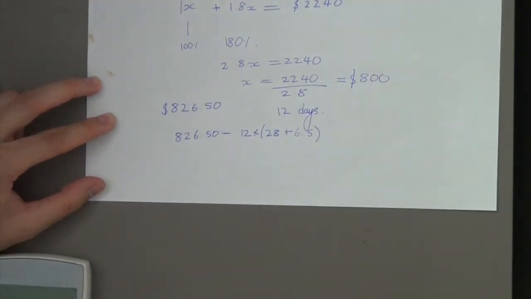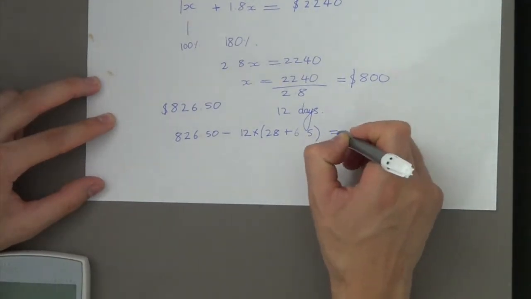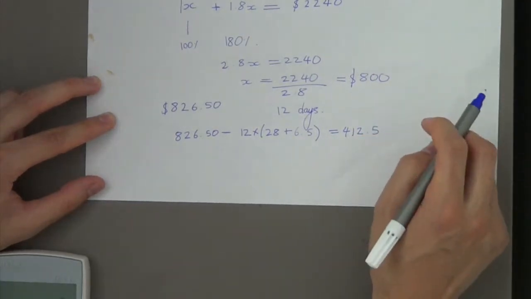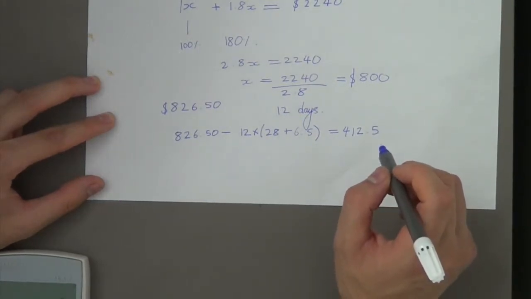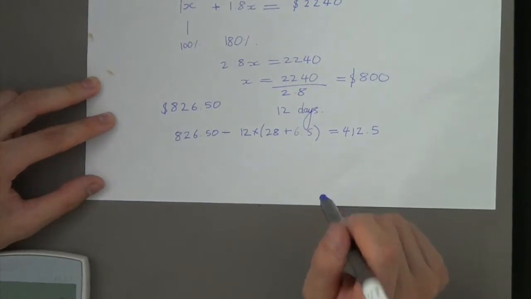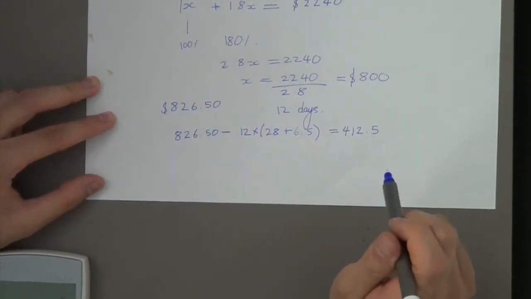Okay. And if you did that on your calculator, that would give you 412.5. Now, it says in the question it costs $1.25 for every kilometer traveled after the first 800 kilometers.